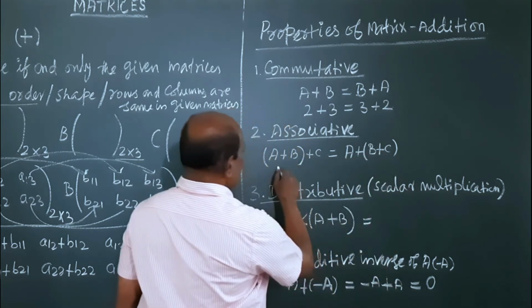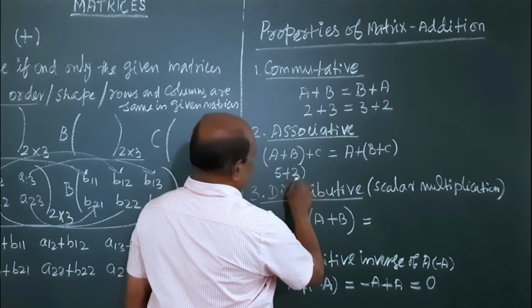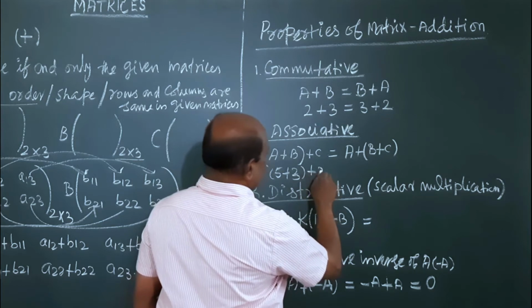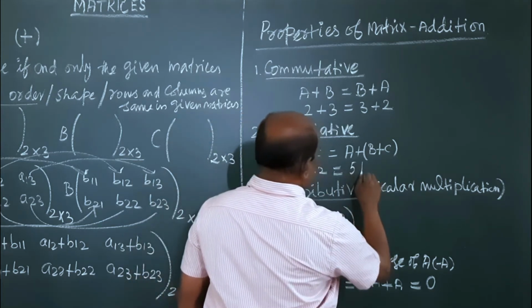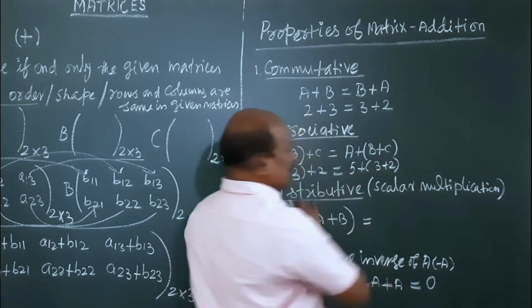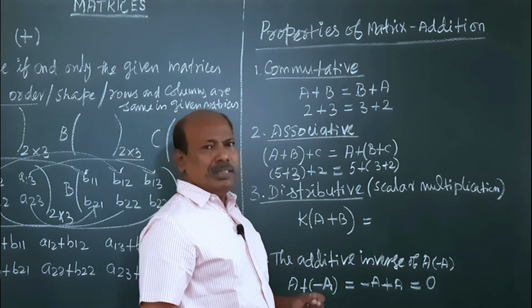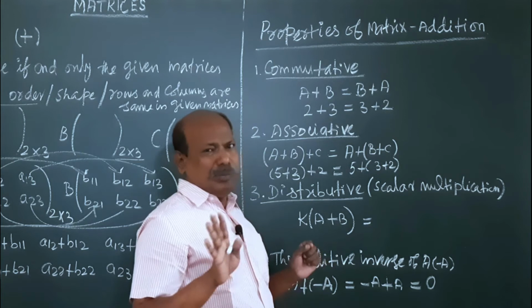For example, 5 plus 3 plus 2 is equal to 5 plus 3 plus 2. That is associative. So the matrix addition associative property holds.